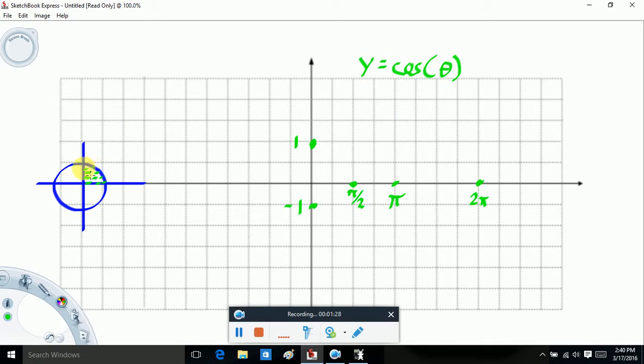As it goes towards pi, now it's negative, it's getting more negative until it reaches a minimum at pi where it's negative 1. And I made a mistake here.